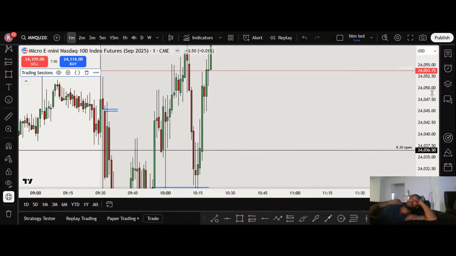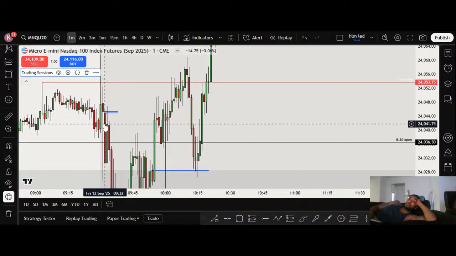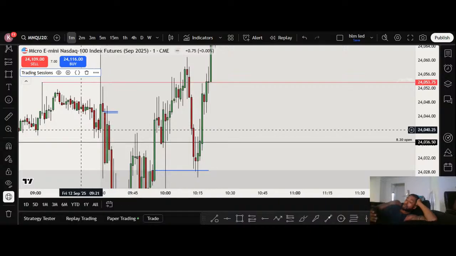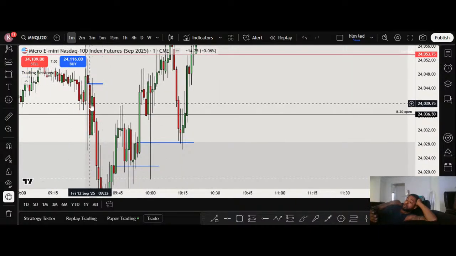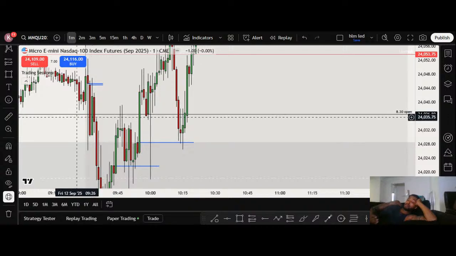Good signs if you short, bad signs if you just got tricked into a long with either this candle or this candle here.